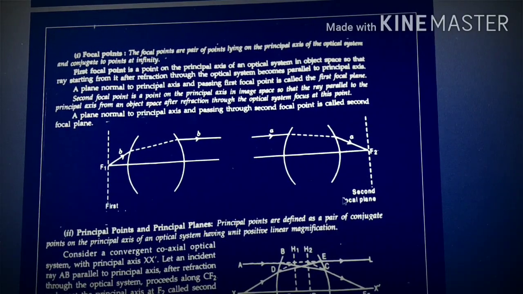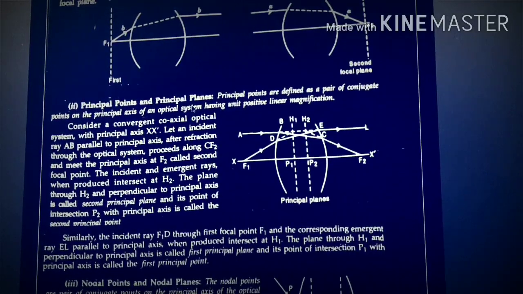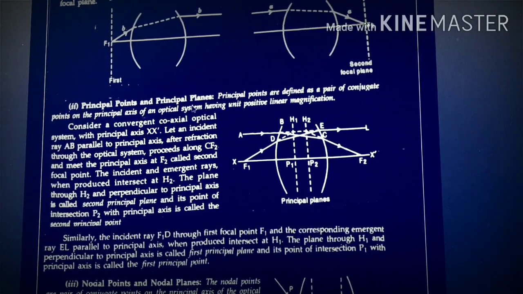Then the next one is the principal points and principal planes. There are two types of principal points: first principal point and second principal point. There are also two planes: first principal plane and second principal plane.